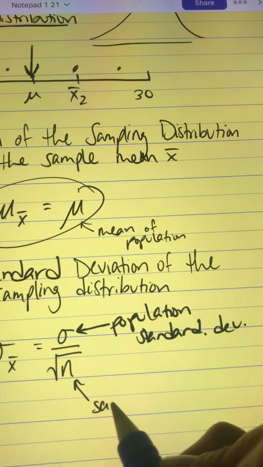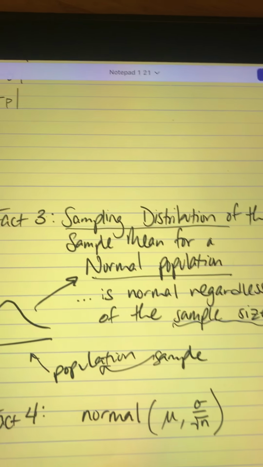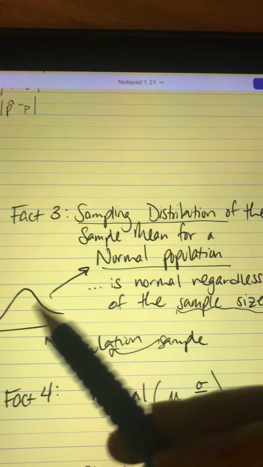So if the population is normally distributed, then my sample will also be normally distributed. Which makes sense because if you're taking the sample from the population, then it should be just little pieces from it, little facts, little x's.